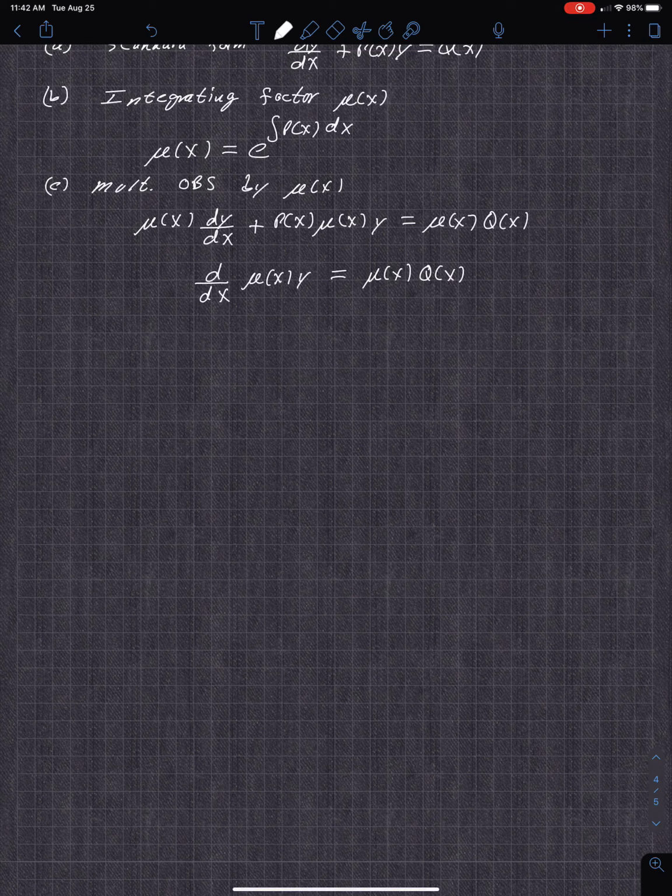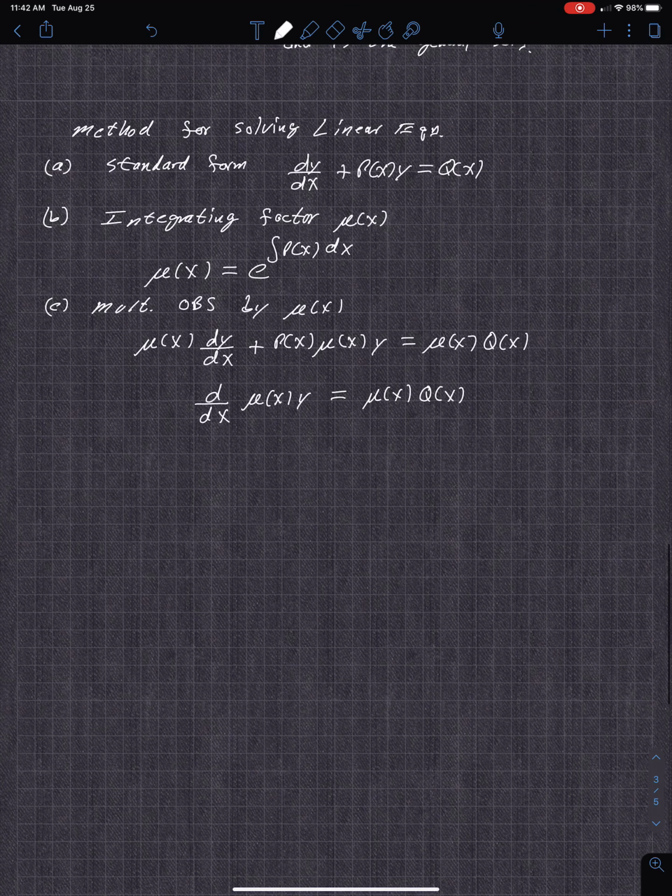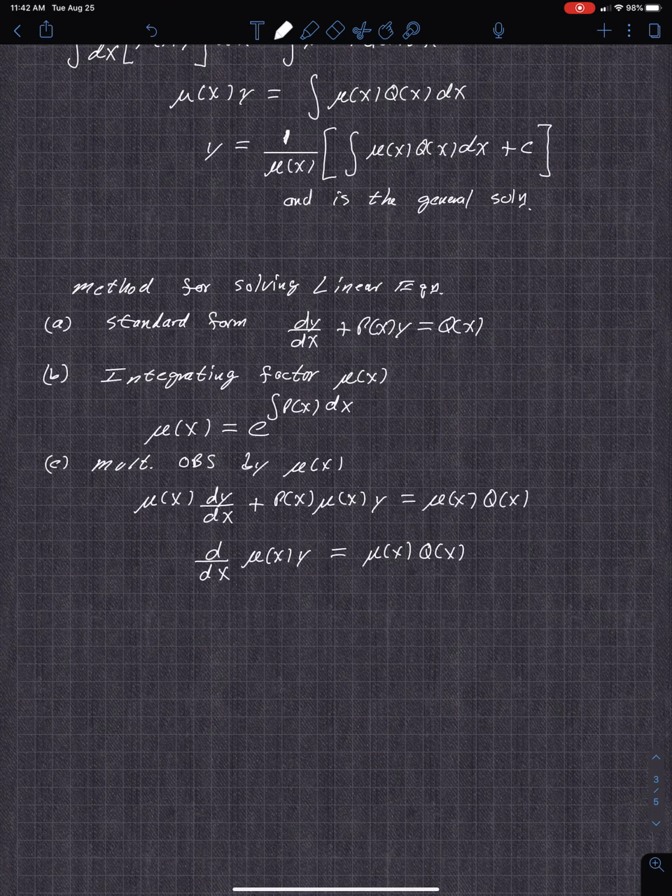Okay, then you solve and you end up getting the equation above. So once you have this form, you solve and get y. That's your general form.